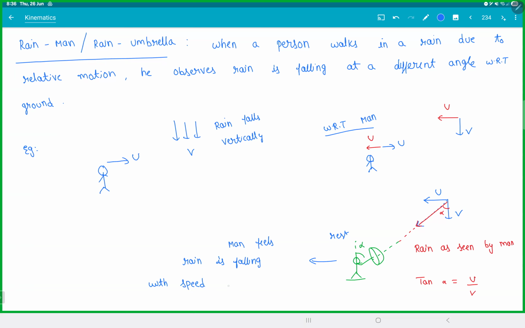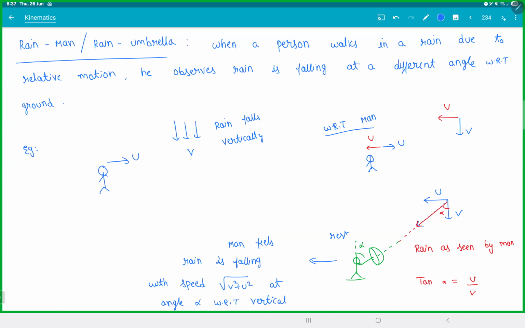He will think the speed is root over v squared plus u squared at an angle alpha with the vertical. I hope you're getting it. That is what he will think, whereas in reality, the rain is still falling vertically. Is that clear? Is the idea clear, everyone?